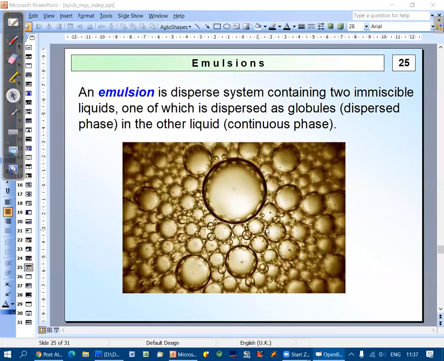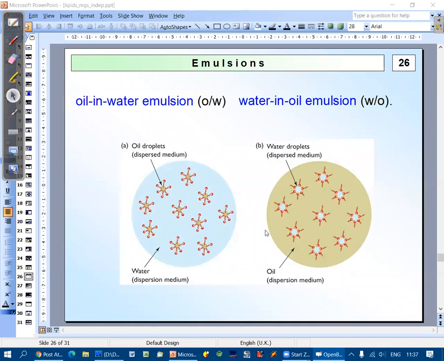Of course, such system will be unstable because the energy on the boundary surface is the product of surface tension and surface area. So to form a stable emulsion, we need something to stabilize it.